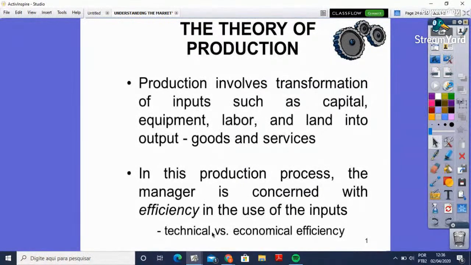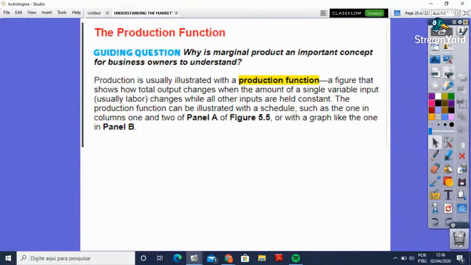So we have technical versus economical efficiency. Guys, we must remember that what every company, what every manager wants is efficiency, to produce more and more and more. Production is usually illustrated with a production function. There's a figure where you can take a look and organize your ideas.